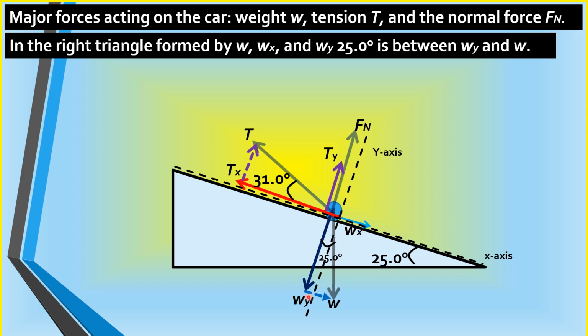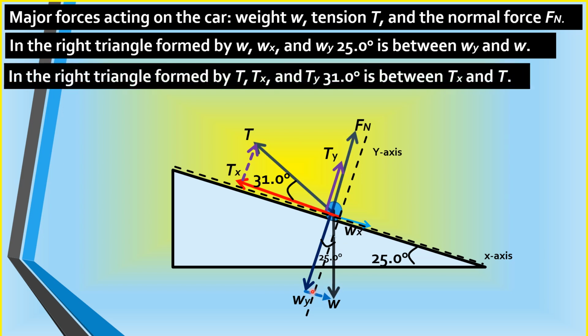So it's now obvious that Wx is actually the opposite side of this imaginary right triangle, and that Wy happens to be the adjacent side of the same right triangle.